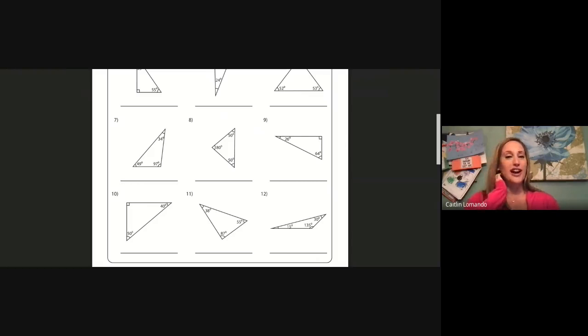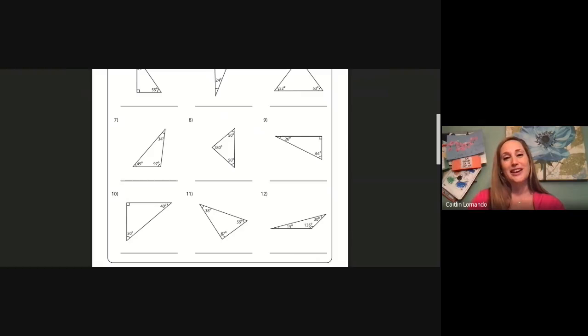Let's look at triangle number 11. We have an angle that's 38 degrees, one that's 55, and one that's 87. Is this an acute, right, or obtuse triangle? Let's pause and discuss. Triangle number 11 is an acute triangle. None of the angles measure larger than 90 degrees.